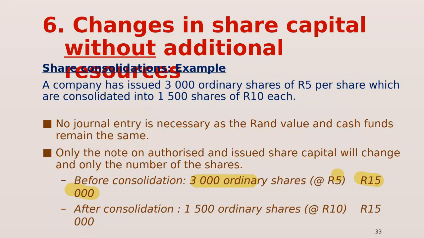So we kept the 15,000 as is, but we decreased the ordinary shares to 1,500, which means our share price increased to 10. Okay, so the important thing about share splits and share consolidations is that the ratio doesn't change, right? That's number one. And when the split is happening, it changes both the authorized and the issued shares.